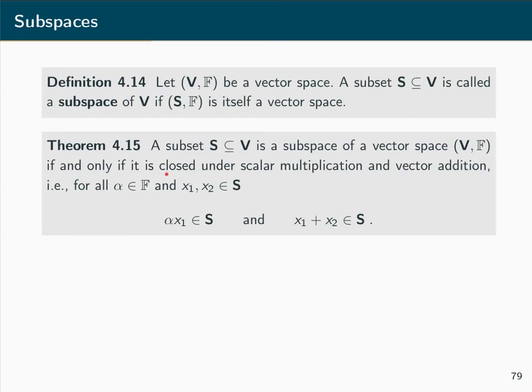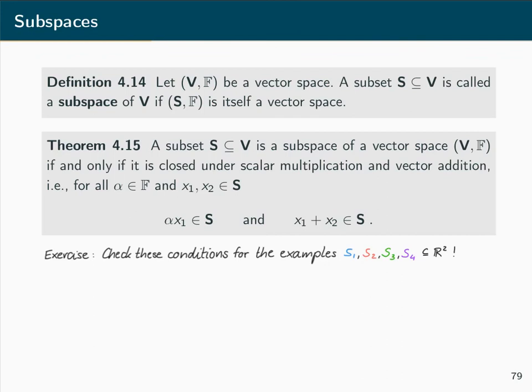Specifically, closed under scalar multiplication means that for any vector x1 in the subset S, any scalar multiple of x1 is also an element of the subset S, and closed under vector addition means that for any two vectors x1 and x2 in the subset S, their sum x1 plus x2 must also be an element of the subset S.